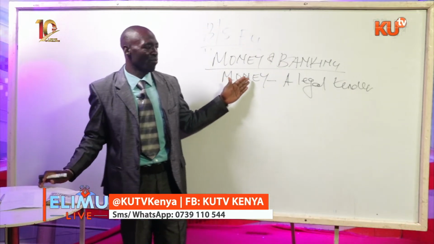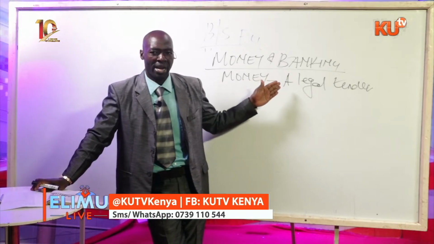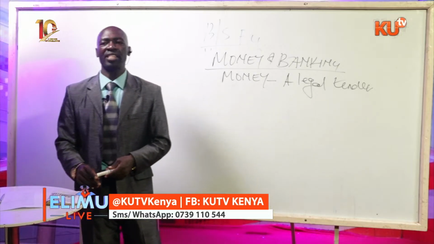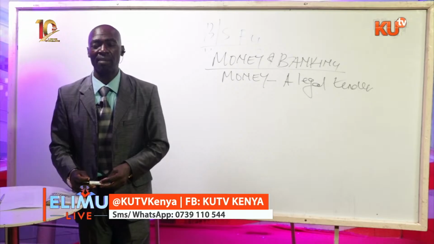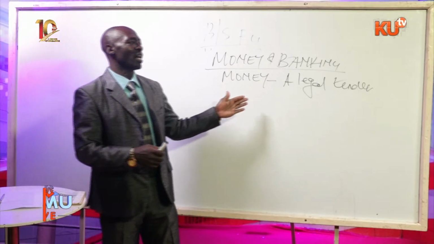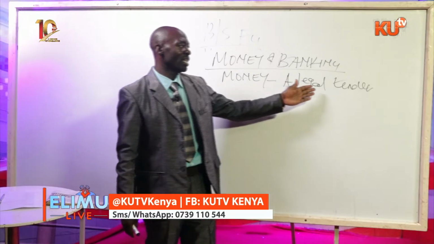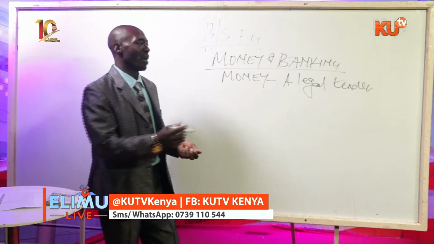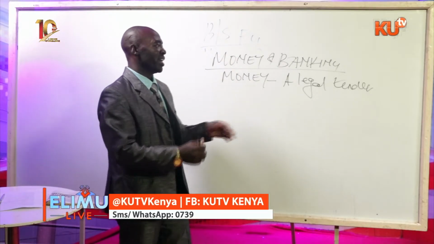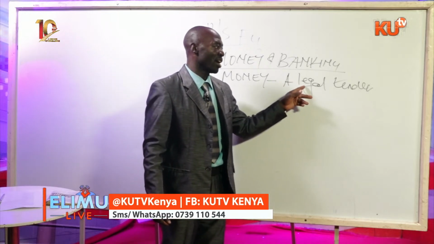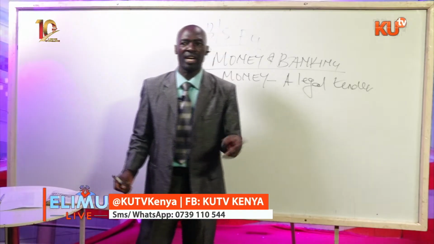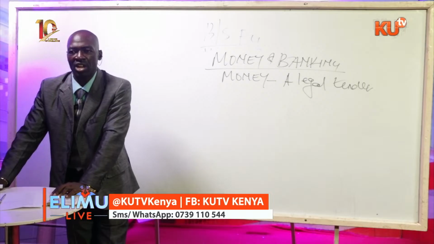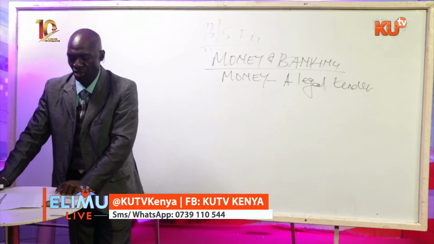A legal tender is anything that is generally acceptable as a medium of exchange. That is money. On every currency note, just beside the signatures, there are writings that it's a legal tender.